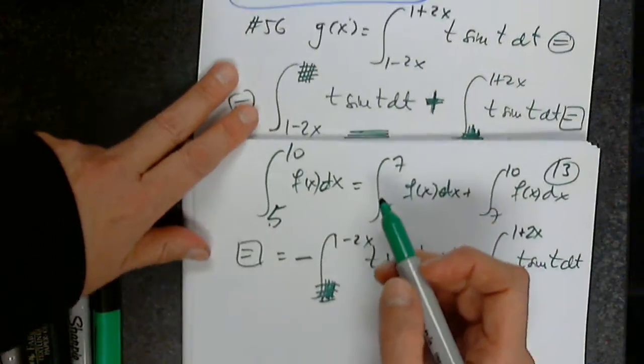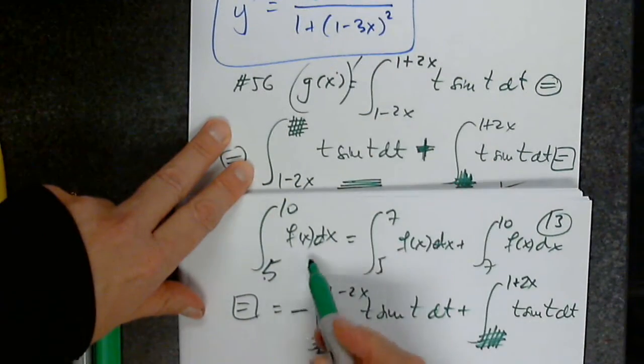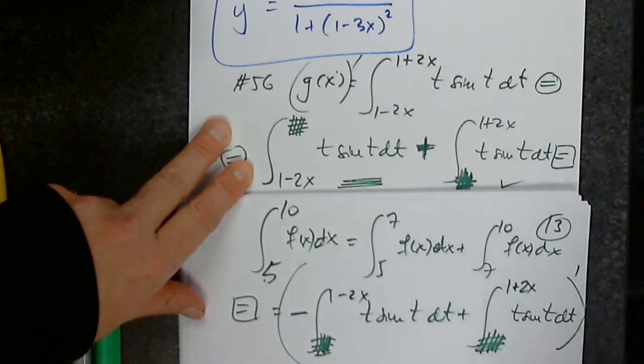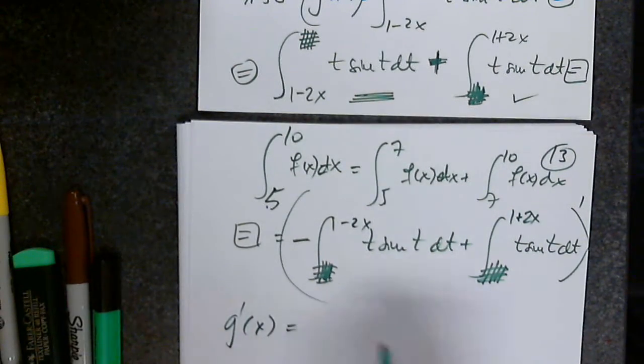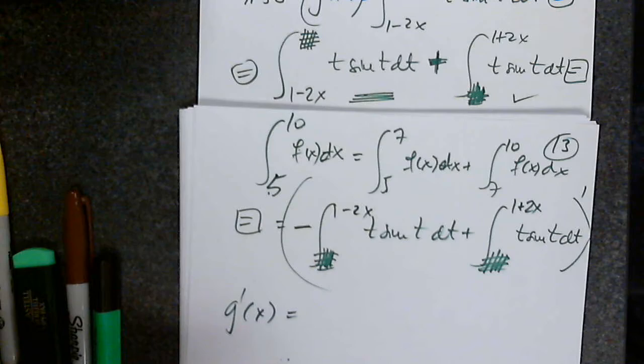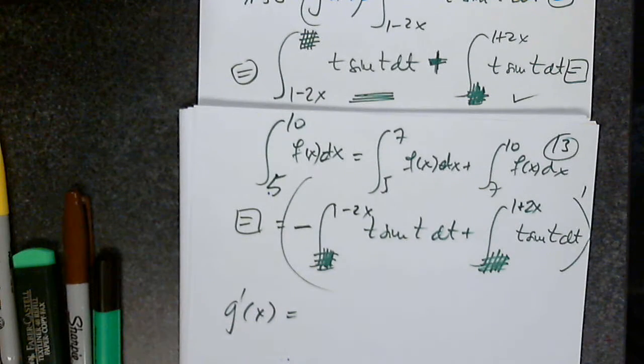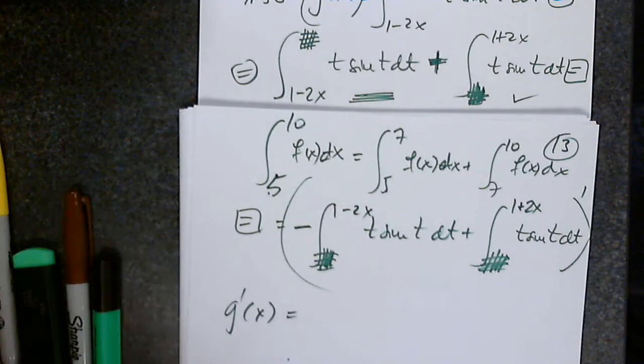So now when I differentiate this side, I will differentiate this side, and I get g prime. Yes, I differentiate a sum of two functions, but I know how to differentiate a sum of two functions. So what do I get?